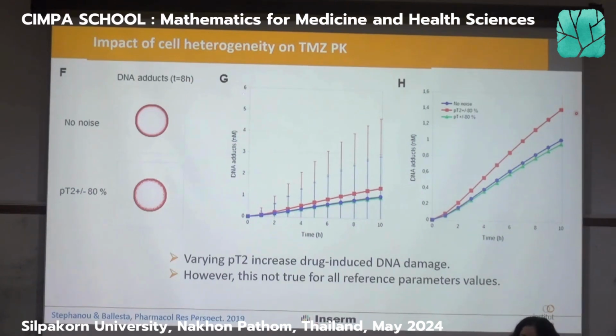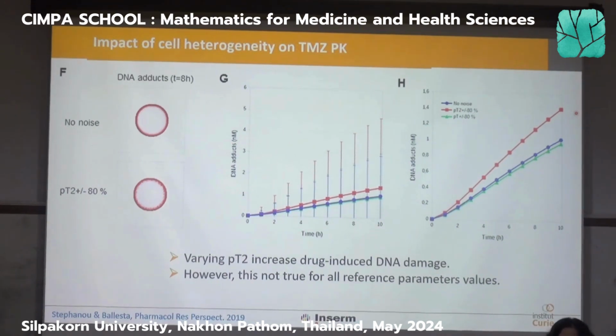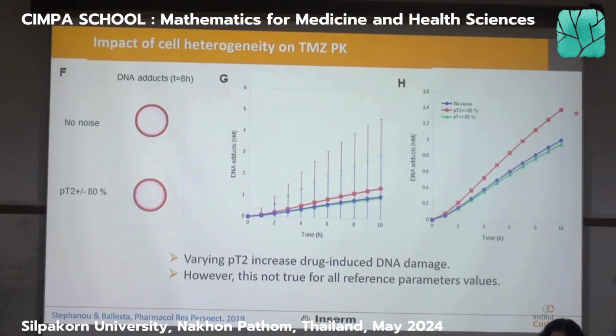Okay? So this is important to understand that if you assume that all your cells are the same in your model, you will not get the same results as if you assume that the cells are actually different, which is the reality. Again, not all cells are the same, you have stochastic effects and so on. And here in this particular setting, with this particular parameter values, what we see is that just adding heterogeneity in the efflux of the drug, you will get more DNA damage.